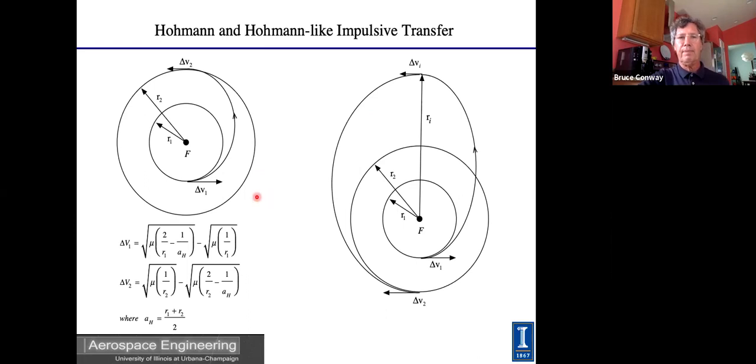And of course, the Hohmann transfer requires that the target planet, let's say in this case Mars, has to be at a particular point on its outer orbit at the instant that you leave the Earth, so that as the spacecraft moves toward Mars, Mars is going to meet it at this point. That lead angle is about 44 degrees by which Mars has to lead Earth. And that occurs every 26 months.